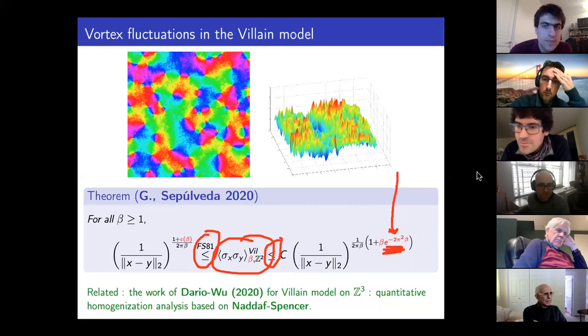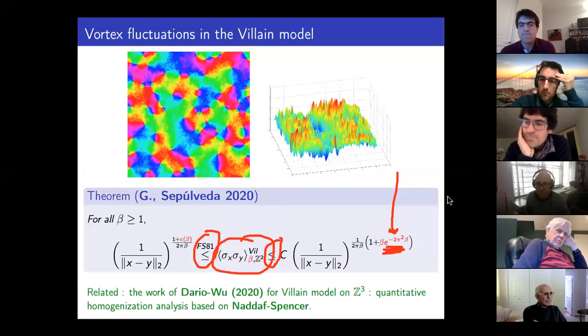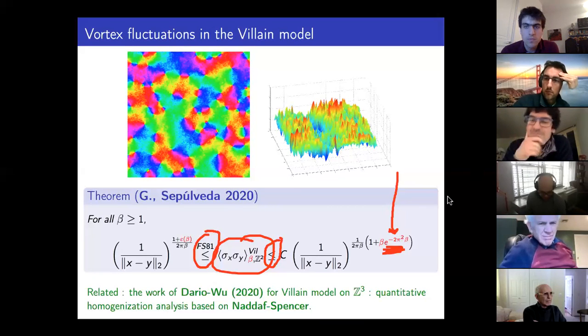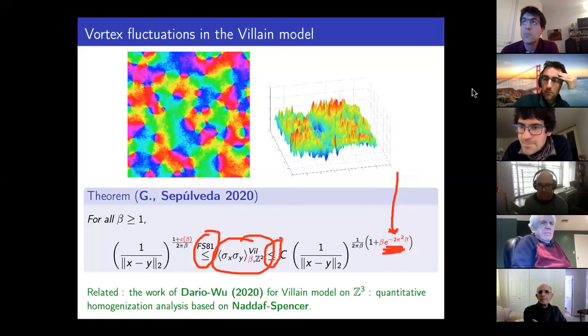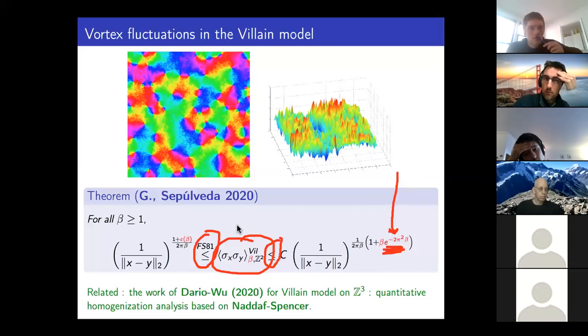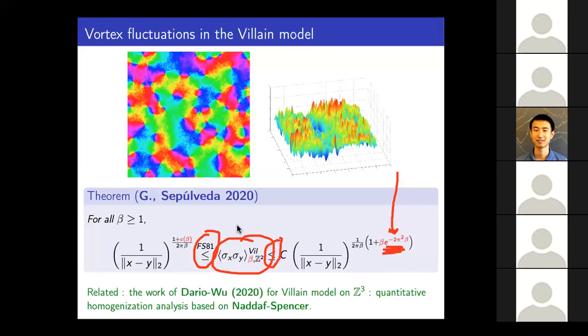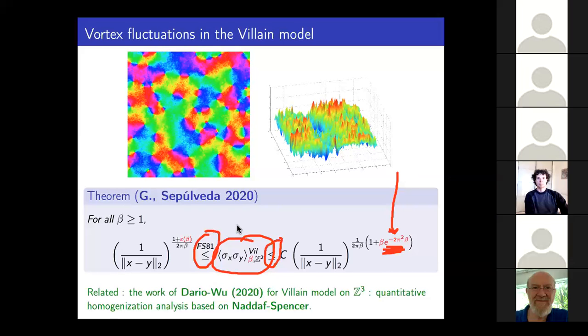More questions? I have just one more question. In the BKT transition, I see there is an exponent CT. Where would that be, at the beginning?